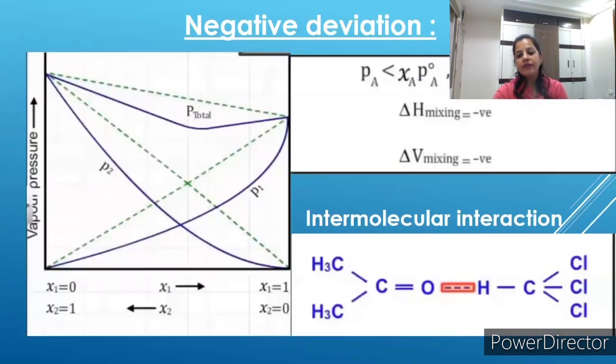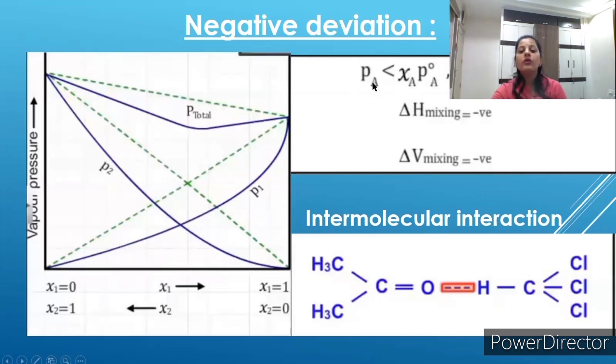Now in negative deviation, as I said, the molecules of A interact with B with a higher magnitude, and hence the vapor pressure created by A and B will be less than what is expected.